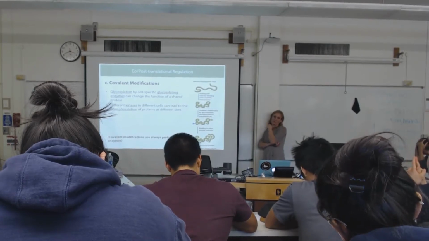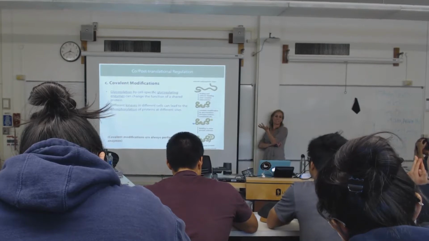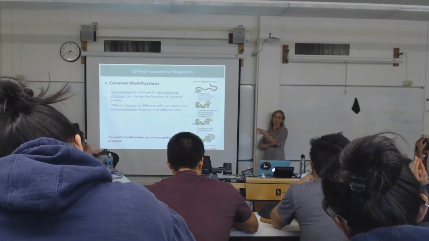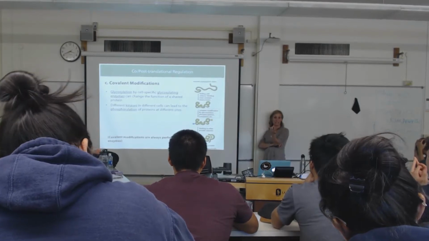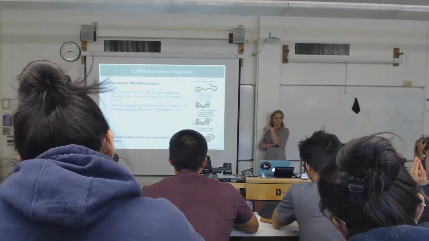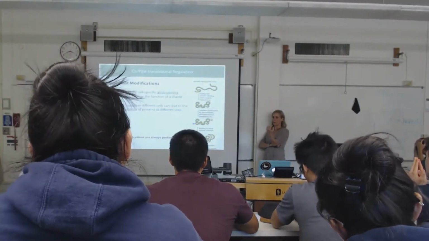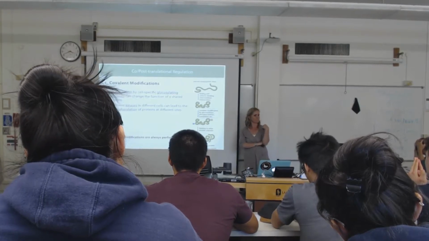If you're adding a phosphate group or a sugar group, at the end of the day, why does this matter? What is this changing about the protein? What can it influence? Function, right? Because you're changing structure. You're adding a whole other something to the protein, and that can influence structure and change function.